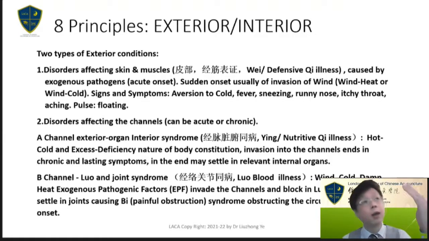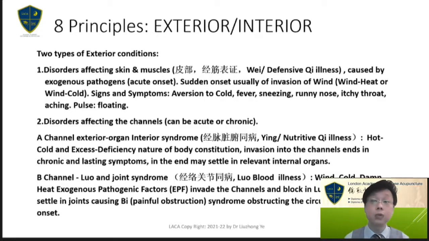So you can see when illnesses come into the body, they develop in different directions. It depends on the strength of the pathogenic factors, how bad, how critical or how poisonous these pathogenic factors can be, like COVID. And it's also determined by the constitution.